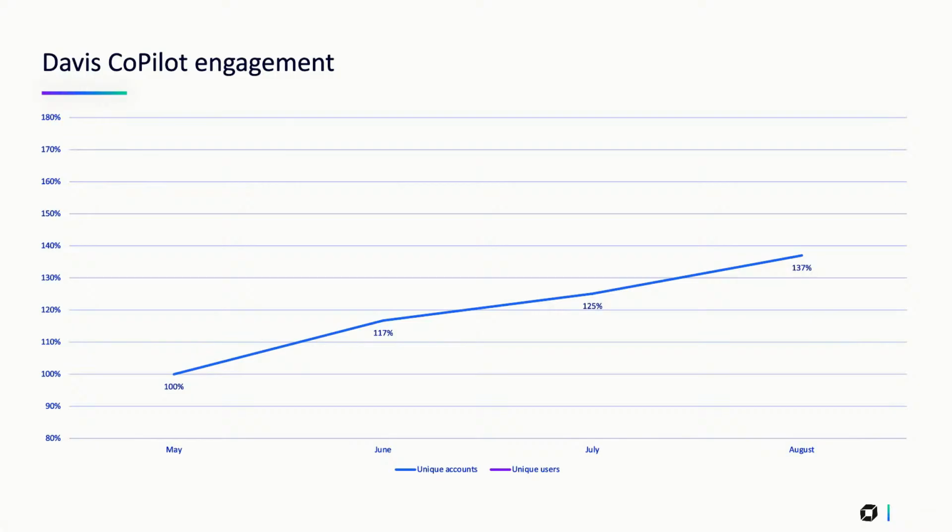And what is actually even more promising than this, and which keeps on showing us more and more insights, is the fact that it's not just about unique accounts that we keep an eye on, but it's also about unique users. And we can see that we are seeing even more aggressive adoption of users, which means that in spite of our accounts growing, we are actually also expanding our user base within those accounts.